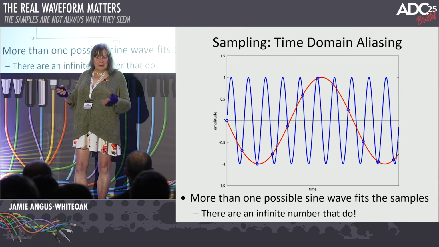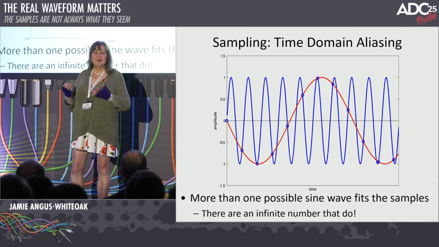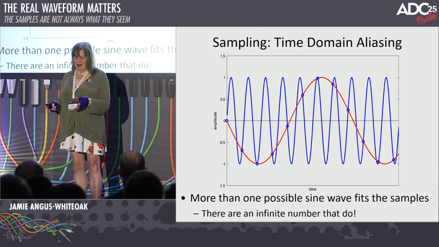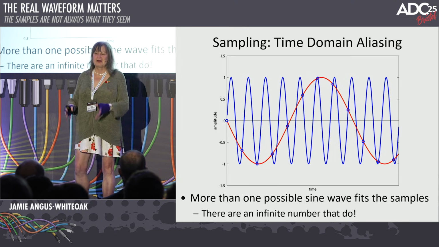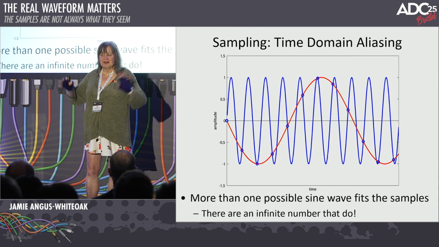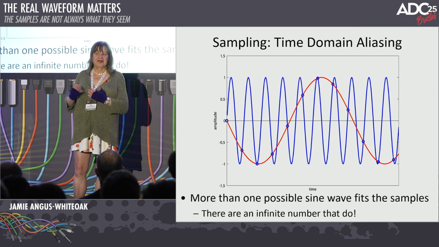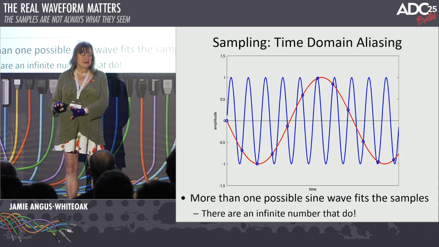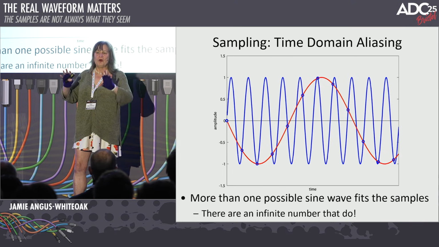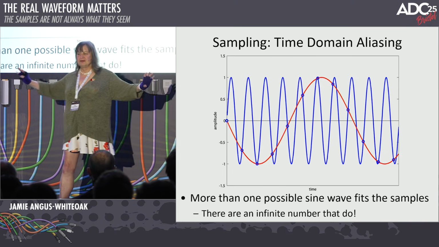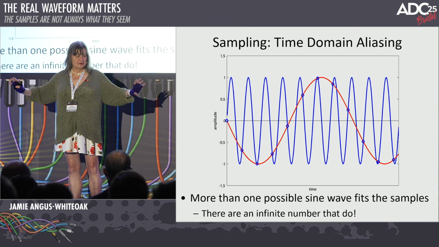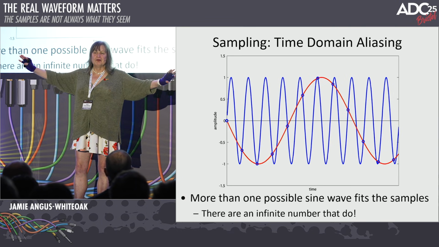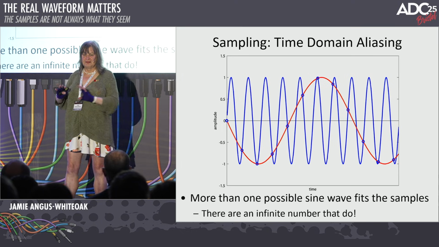And when we look at it in the time domain, what we find is we can have more than one possible sine wave fitting the samples. Now, normally we're told that that's what happens when you get aliasing and things overlap. No, actually that happens all the time. You can always get an infinite number of possible sine waves that describe the samples, if we're looking at the full frequency range, because of the presence of the aliases.